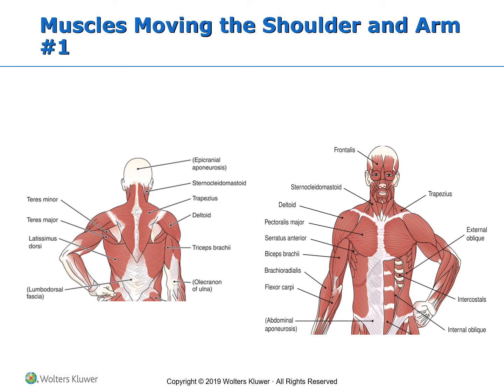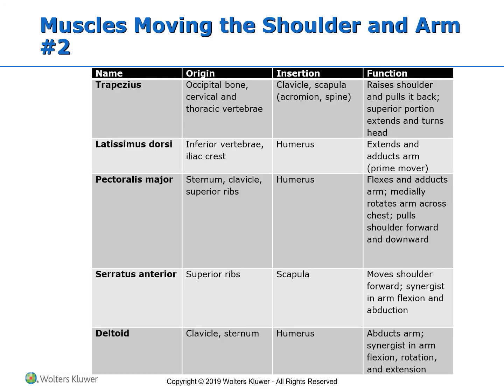This is a review of the previous two slides, focusing now on the shoulder and arm muscles, both from the anterior and posterior aspects. Table summarizing the muscles of the shoulder and the arm with origin, insertion, and functions.